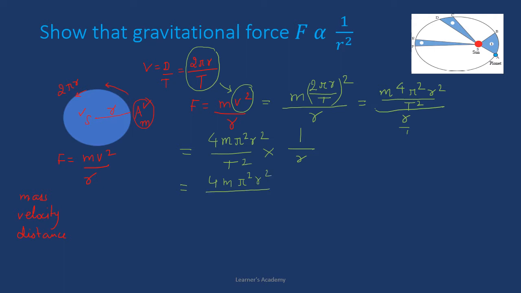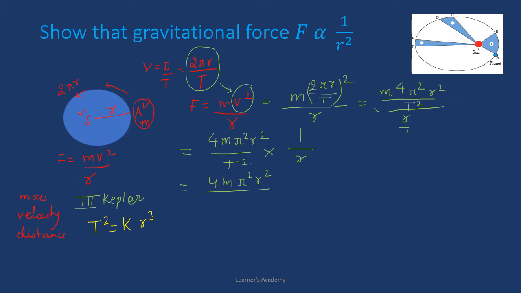divided by, now do you remember Kepler's third law? What does Kepler's third law state? It says t squared is equal to a constant times r cubed.